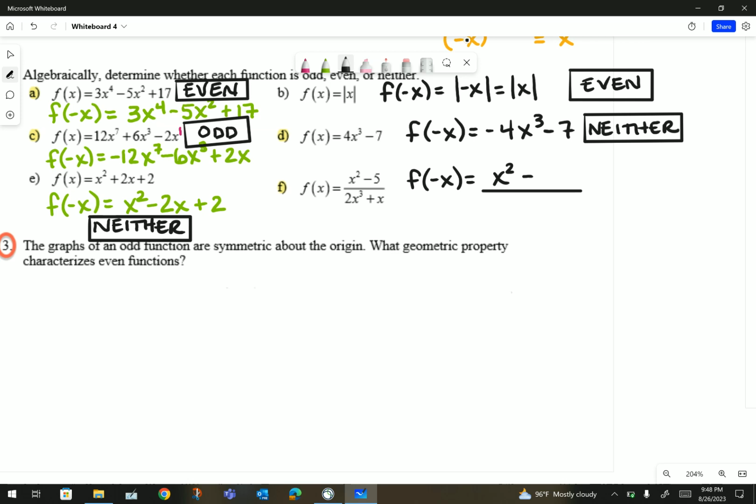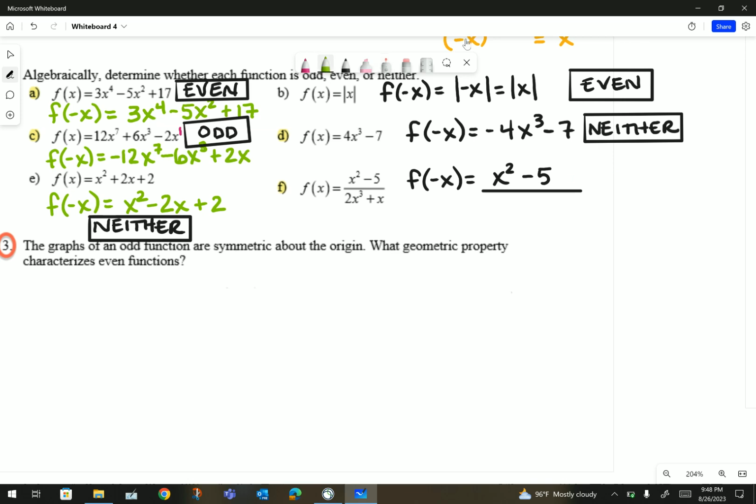Minus 5 is a constant, so it stays minus 5. So if I just look at this separately as its own problem, that right now is an even classification, because the x squared stayed x squared and the negative 5 stayed negative 5. Okay, so for now I want you to imagine that this top one is even.